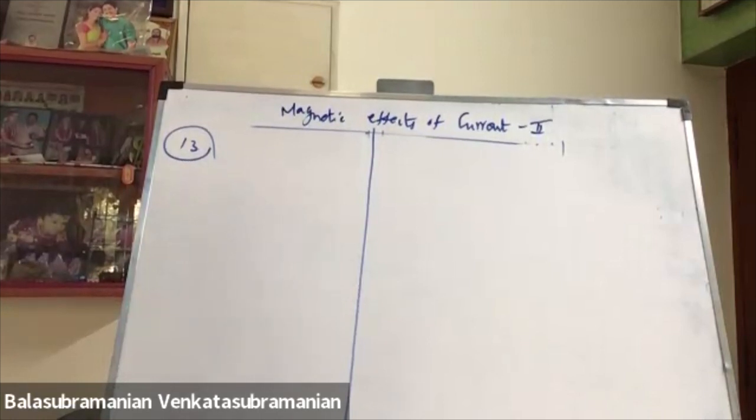Third one, average force on each electron in the coil due to the magnetic field. 0.1 Tesla, number of turns 20. Then torque, force, average force you have to calculate.